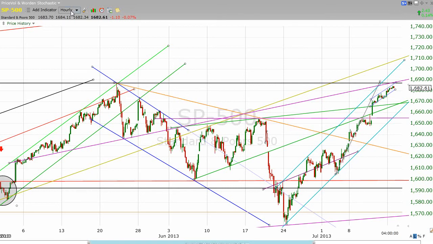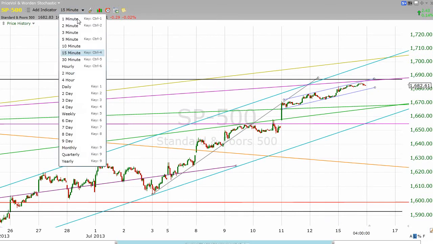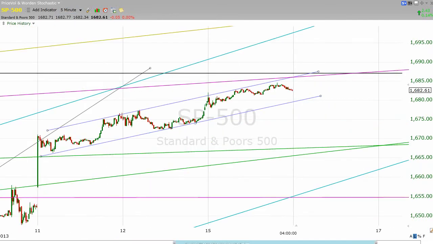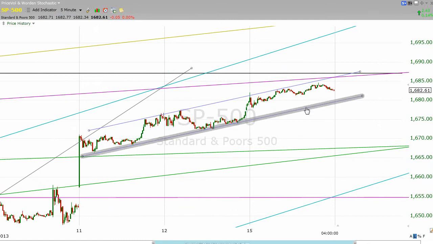So let's take a look a little more closely at what's been going on today. Just want to show you that the past 3 days after that gap up on the 11th, we have been in this little ascending channel. Again, pretty much a parallel channel.